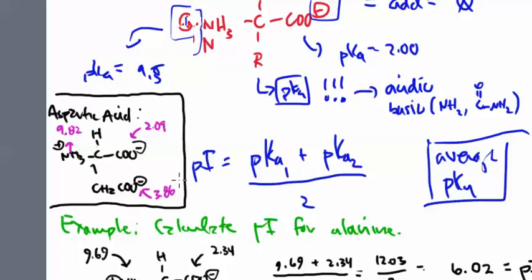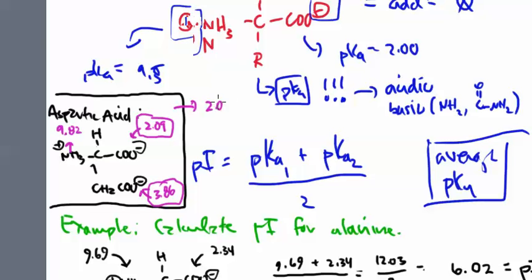So 2.09 and 3.86 are closer together than this 9.82. 3.86 and 9.82, they're really far apart from each other. 9.82 and 2.09, they're even further apart. So you take your two closest values, and that is what you average.